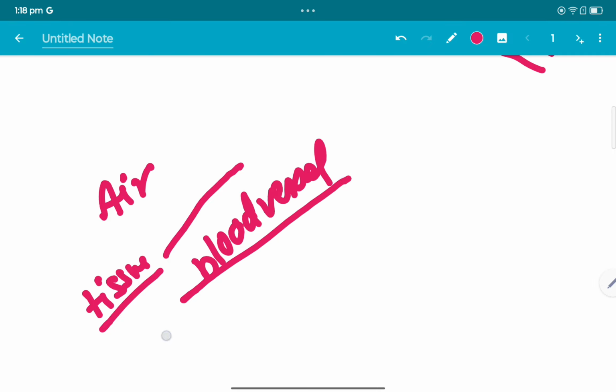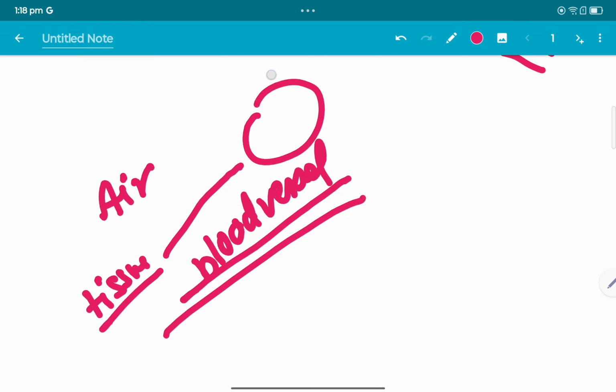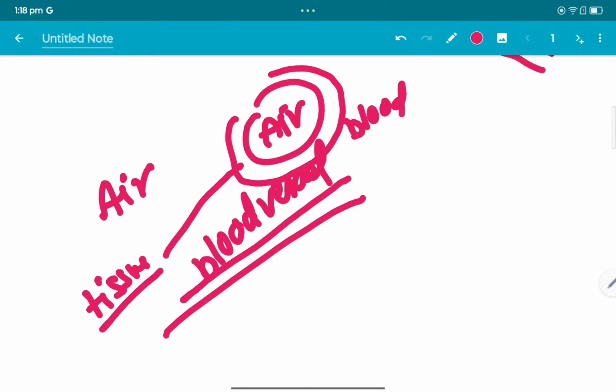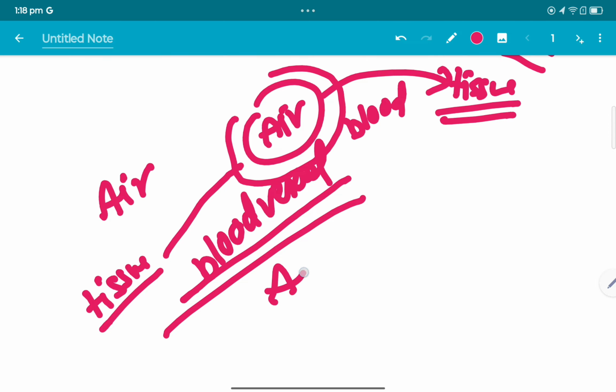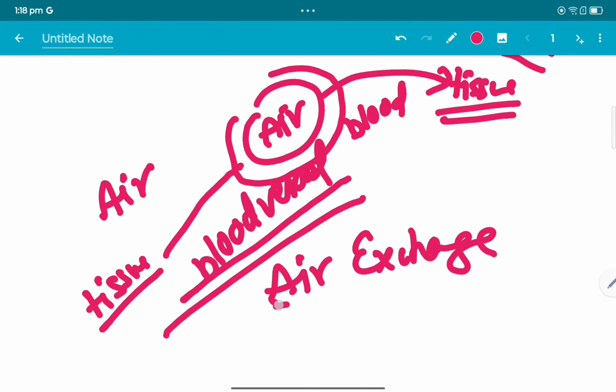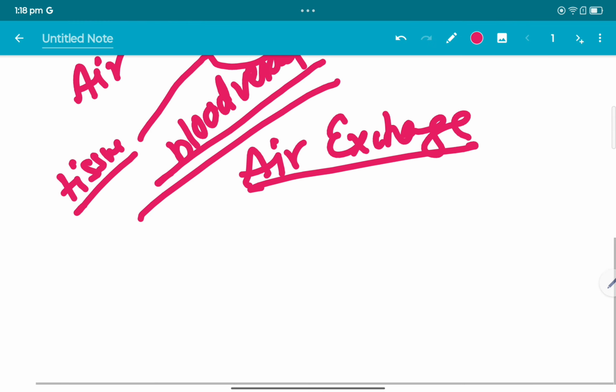So this ramification of the bronchovascular system occurs to increase the area of contact between the air and the blood and decrease the contact of the tissue. So for better air exchange, you should have minimal obstruction in between.